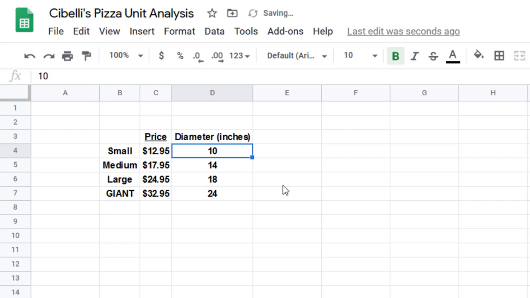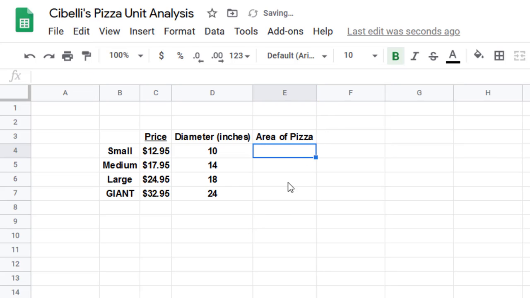Okay, so what I want to do now is figure out the area of these pizzas, knowing that we've got these diameters. So I'm going to put area of pizza. Now, the formula that we used back in the homework, well, I gave you a choice of two.